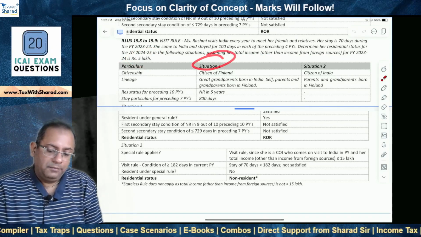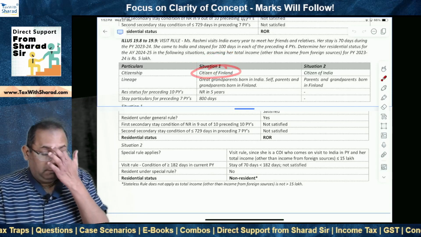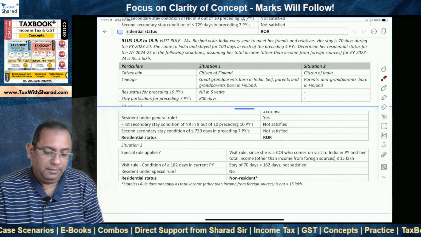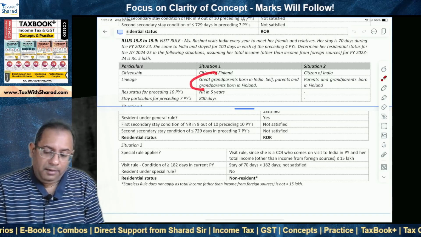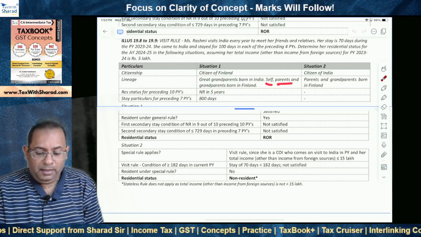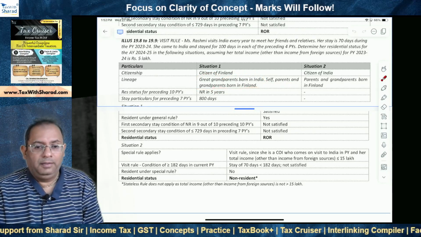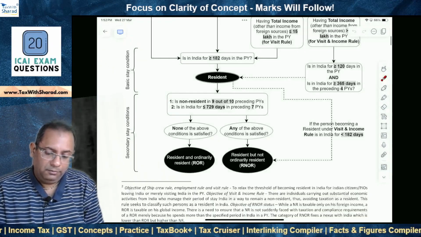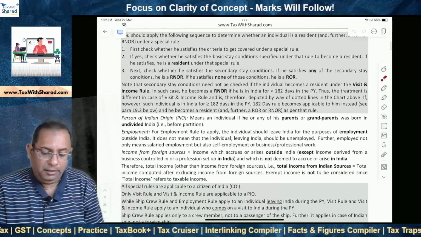In situation 1, she is a citizen of Finland. That means not a citizen of India. Her great-grandparents were born in India. Self, parents and grandparents were born in Finland. Okay, so is she a PIO? Who is a person of Indian origin?